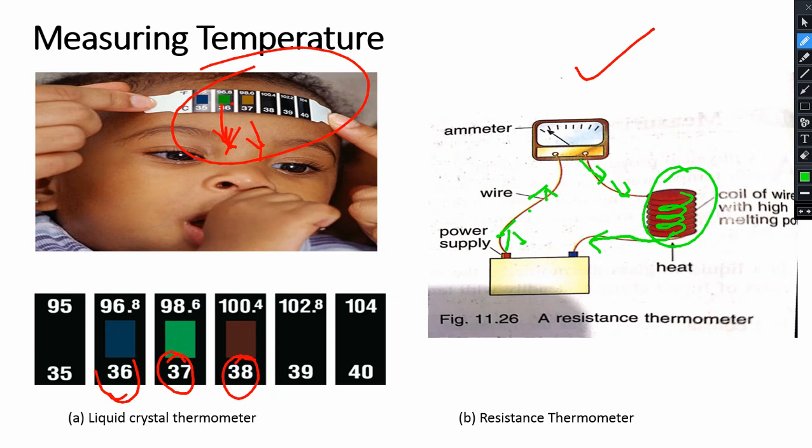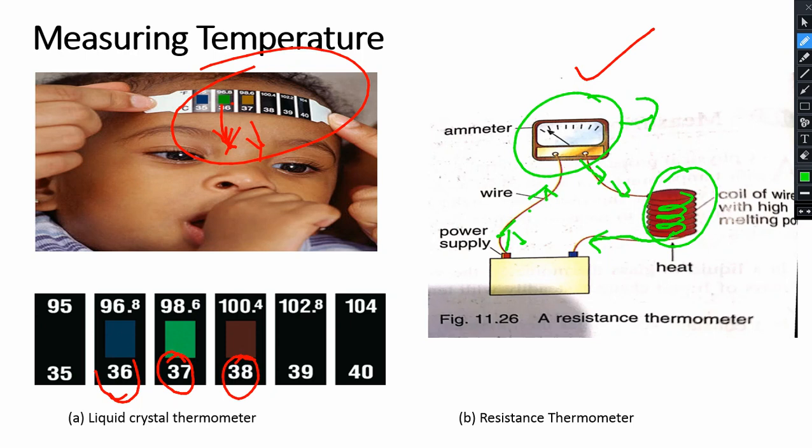And it will tell you whether the resistance is high or low in this meter, and that resistance is made by temperature. So if the temperature is high, there would be high resistance. If the temperature is low, there would be low resistance.